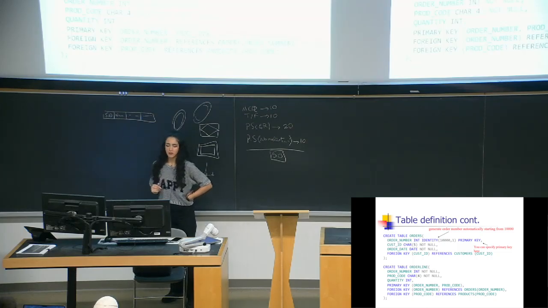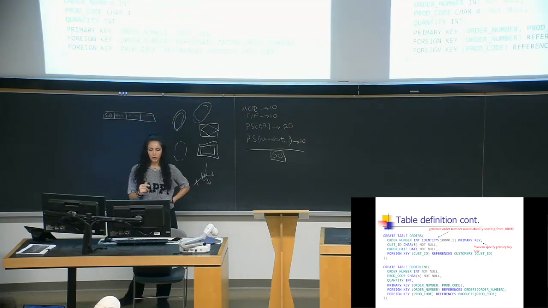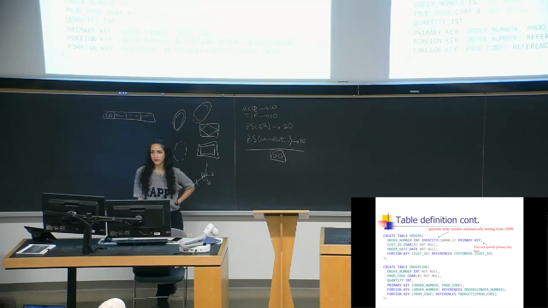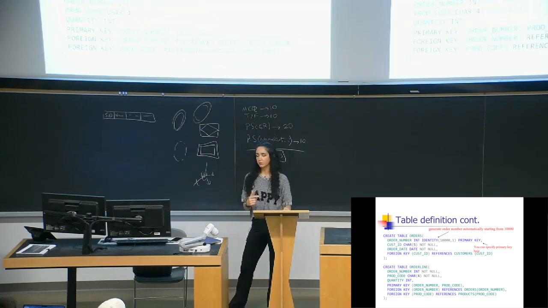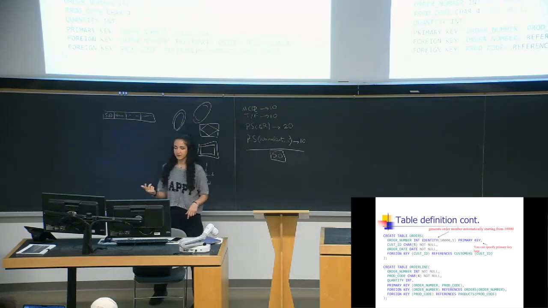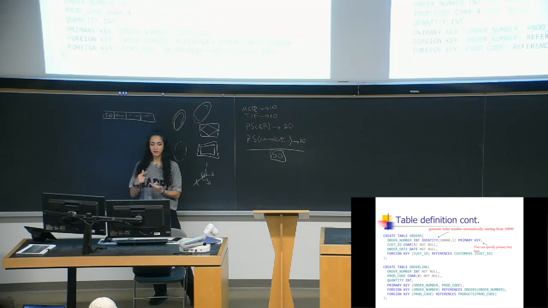And then the order line table references orders and products. So before you create the order line, you should make sure that you have created the order table and also the product table, right?